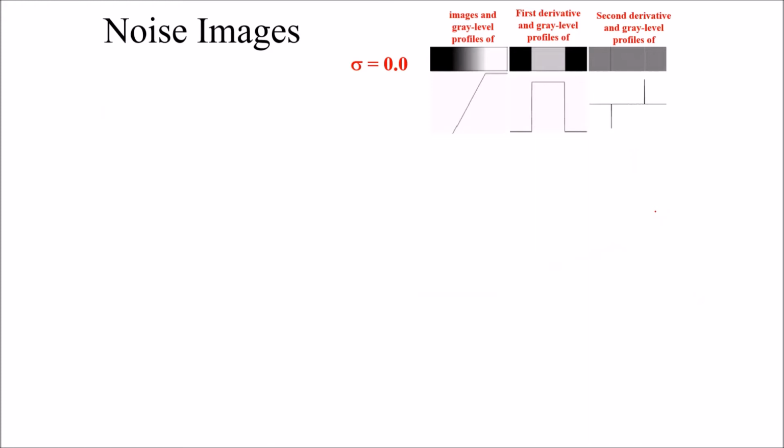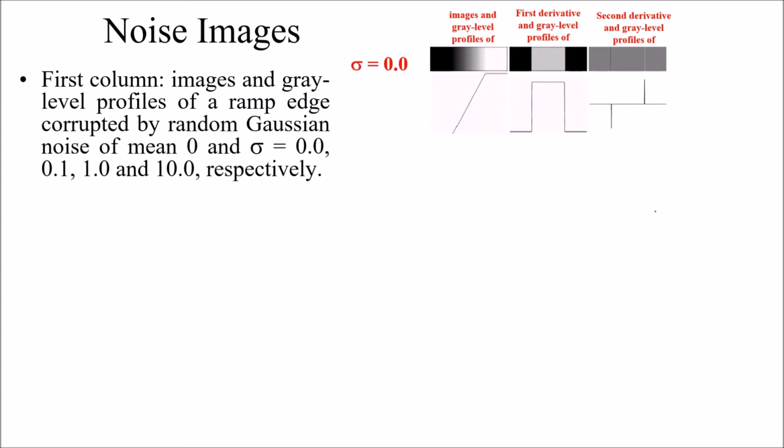In this slide, I will show you the effect of noise as a result of the derivation operation. Basically, for this image, the first column is the gradual profile of the image, with its corresponding noise generated from Gaussian noise.